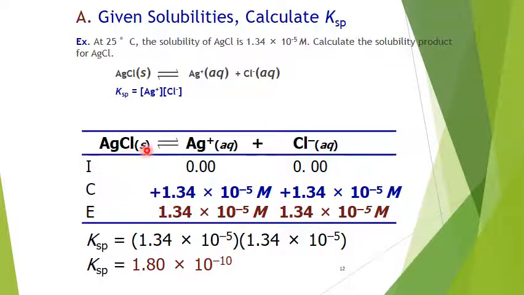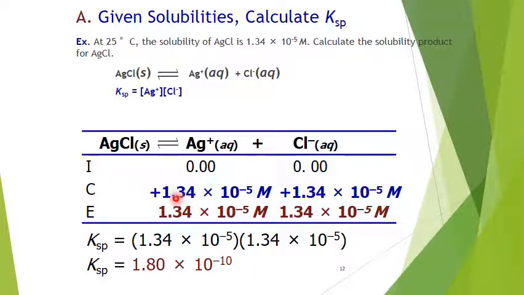All right, so you have your initial: you take your silver chloride and put it in water. So basically all you have is your total amount here, 1.34 times 10 to the minus fifth, and there's no product yet. Then the silver chloride breaks apart and dissolves, but only this much will be dissolved.